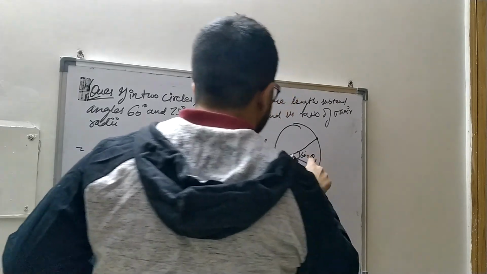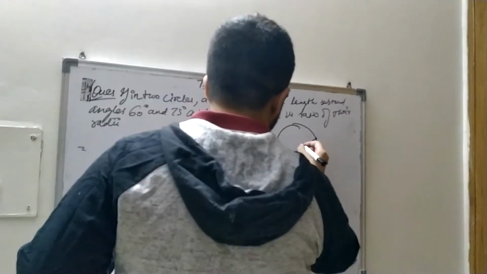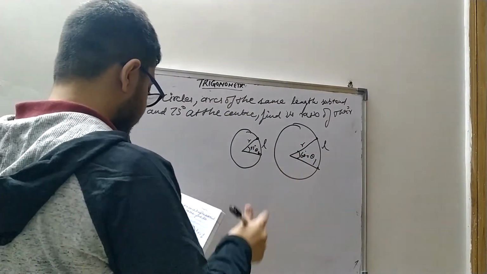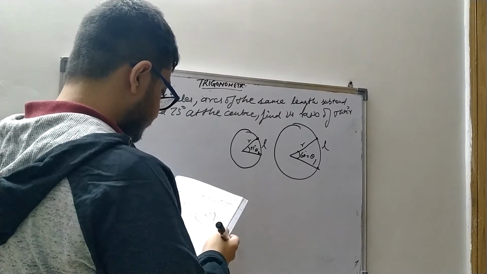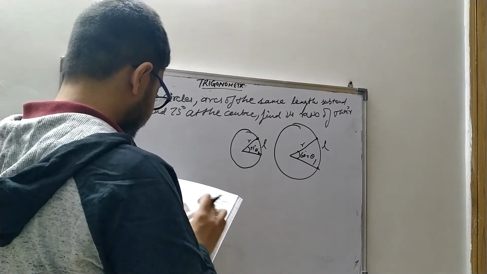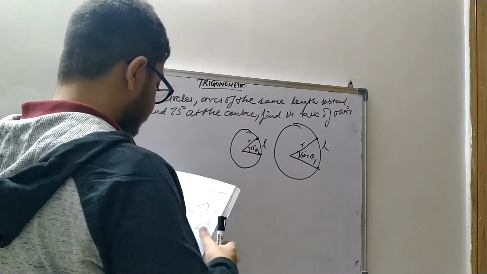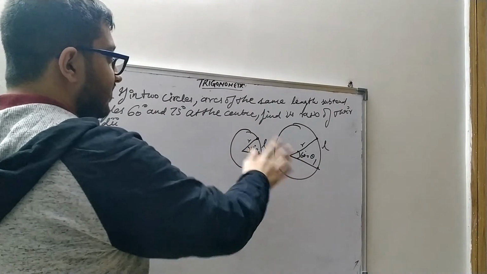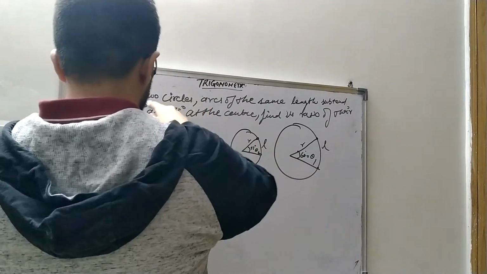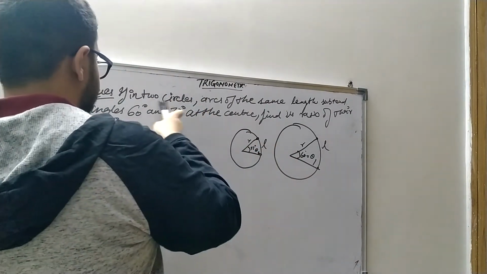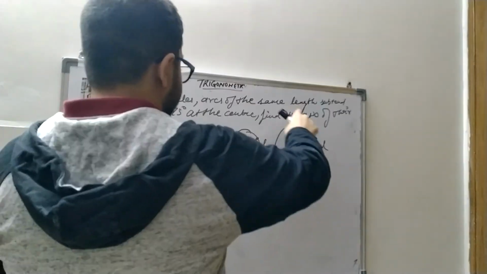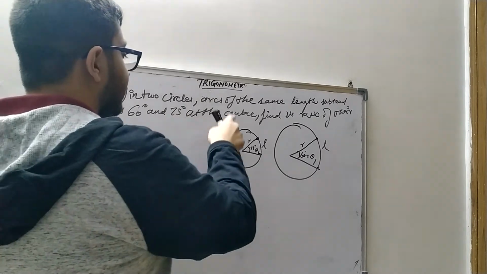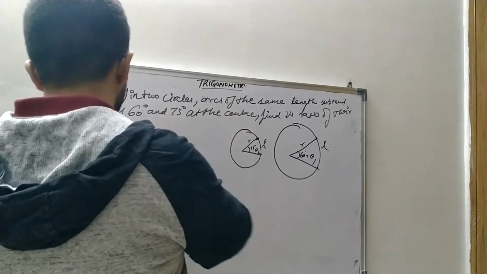If theta 1 is equal to 60 degree, we take one r. This is the L length. So here we prove that. The question says that in two circles the arcs of the same length subtend angles 60 degree and 75 degree at the center, find the ratio of their radii.